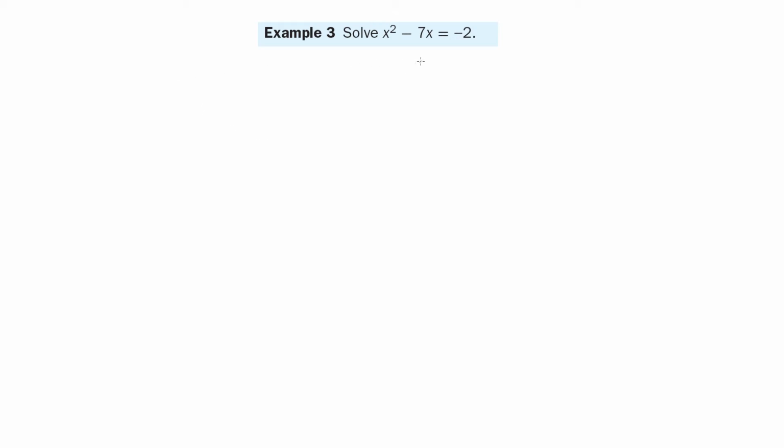So I'm going to have x squared minus 7x plus 2 equals a negative 2 plus 2. I add 2 to both sides. And I get that x squared minus 7x plus 2 is equal to 0.